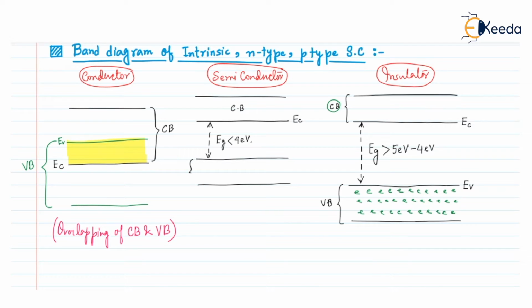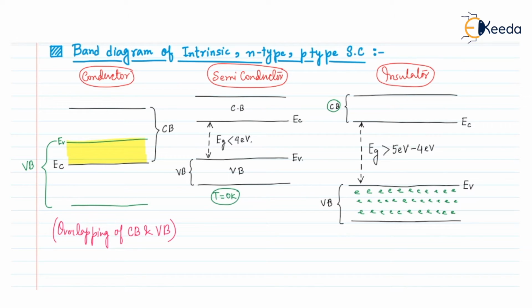This is the valence band and the maximum energy of the valence band is Ev. So for semiconductor materials, the energy gap between the conduction band and the valence band is very small, and let us consider at T equals 0.